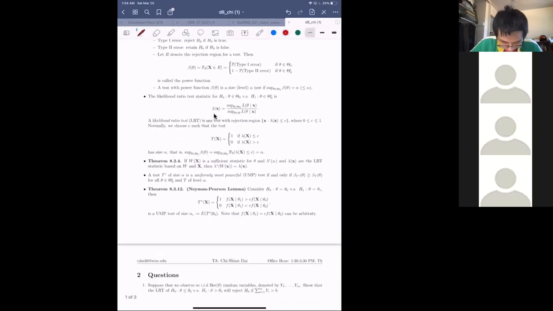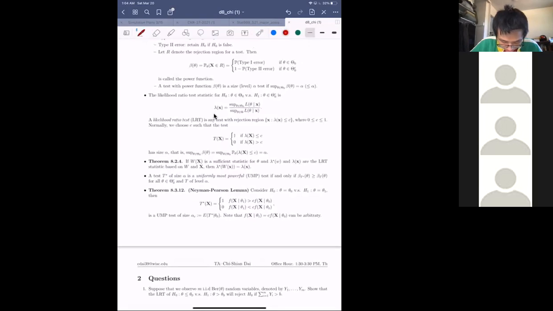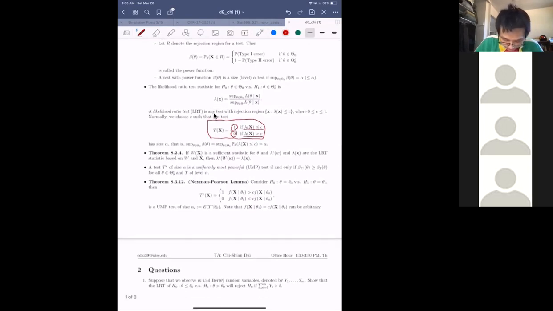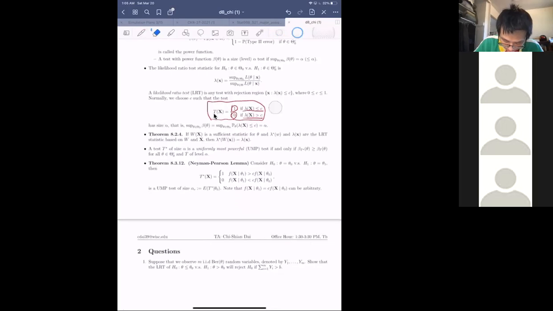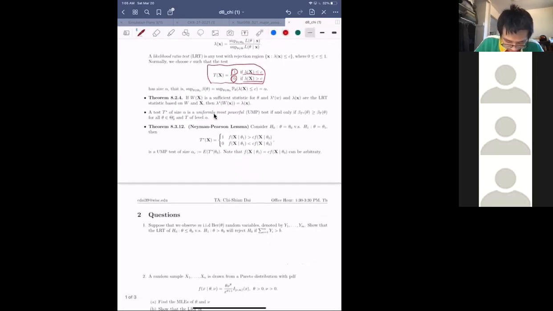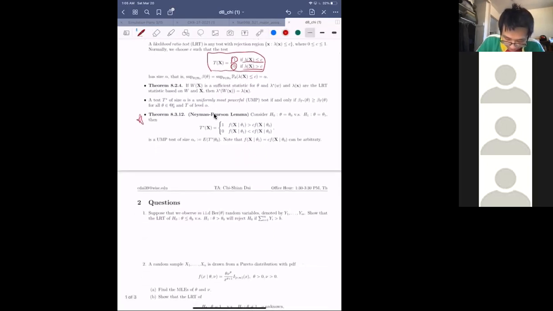I think the most important thing is that in this class we define a test as a set: under some region the test is 1 and under another region it is 0. So the test is defined by a rejection region. And the most important theory is the Neyman-Pearson lemma. It gives you a way to find a UMP test.